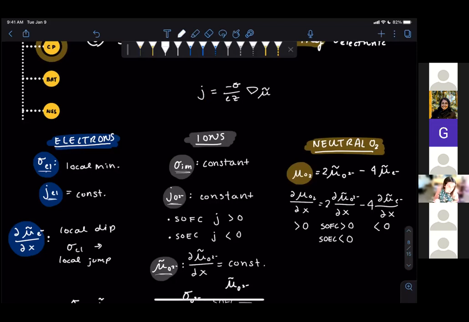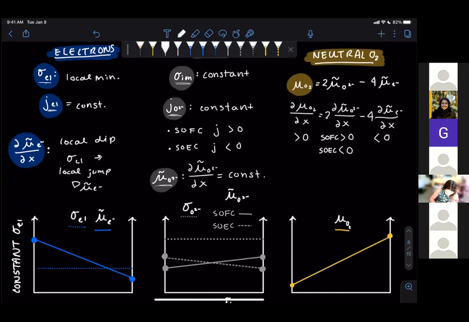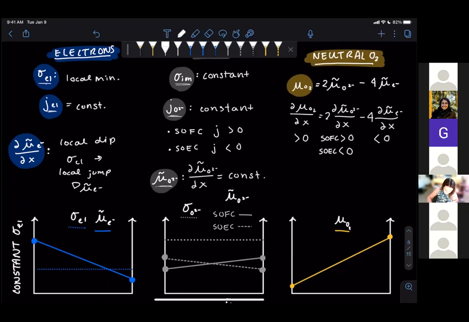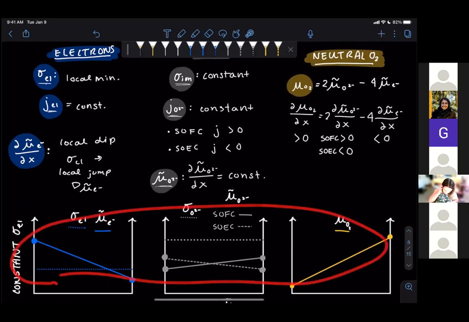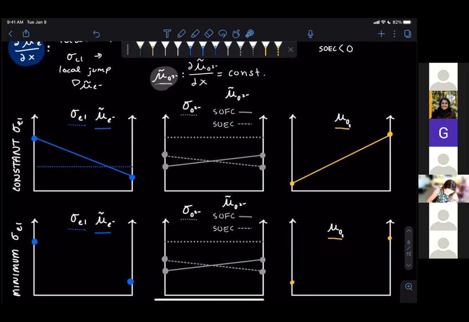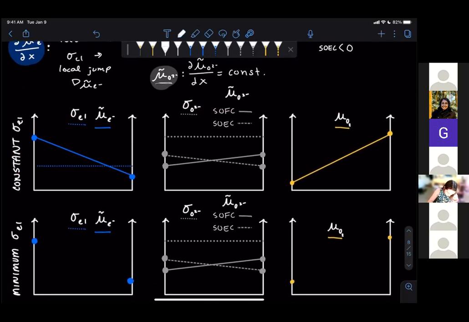It's going to be associated with a local jump in the gradient of the electrochemical potential of the electrons. And so this is the situation as we had it before. So this is just our constant electronic conductivity. And so then below that, we can now say, all right, if we have some sort of dip, and that dip I will draw maybe rather poorly, some sort of dip, I want it to be centered, in electronic conductivity.